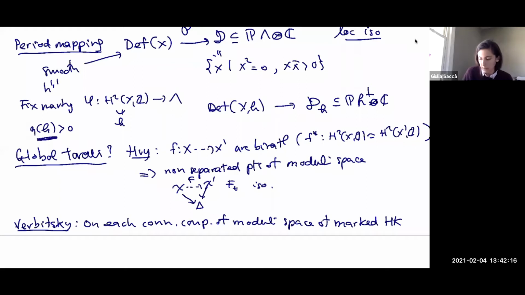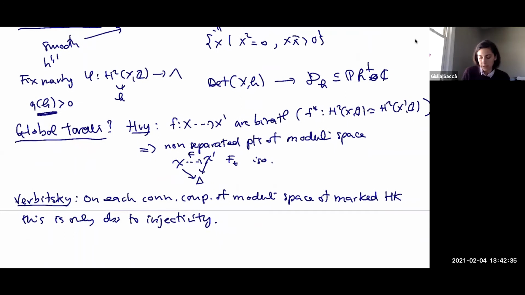This is the only obstruction to global injectivity. If two marked pairs have the same period, then they correspond to birational things. And I should say that it's also known that the period map on the global moduli space is surjective.